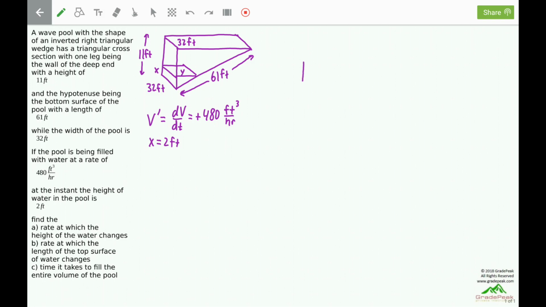If we look at just the triangular cross-section of this pool, we have our water, which has a height of x and a length of y, and we have the height of the deep end of 11 feet, and we have the length of 61 feet.